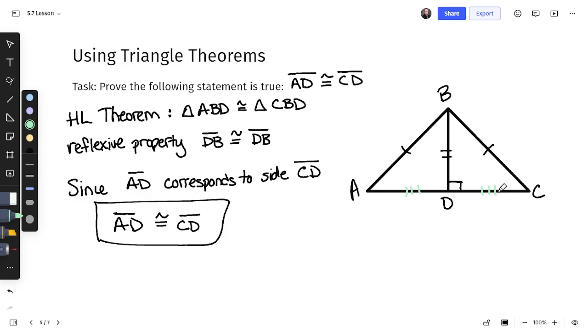It also proves that if you have an isosceles triangle and you drop down a segment from the top of the isosceles triangle, the vertex angle, and it intersects the base at a right angle, then it always is a segment bisector of that base and an angle bisector of the vertex angle. Because if these two triangles are congruent, that also means that it splits that vertex angle in half exactly.